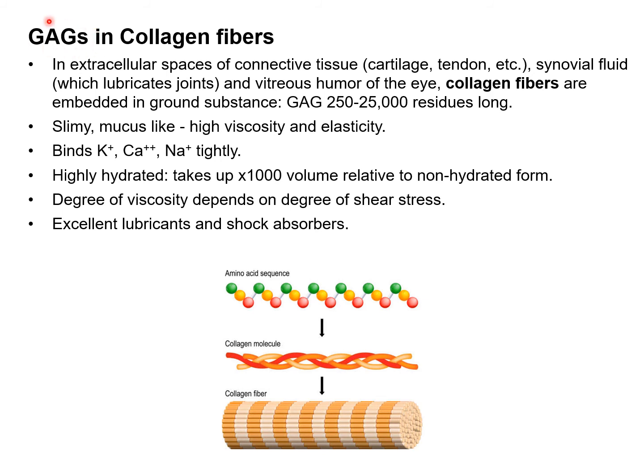Again, it works as a polar substance, and so it takes up to 1,000 times the volume relative to the non-hydrated form of glycosaminoglycan. And the degree of viscosity depends on the degree of shear stress. And it can work as an excellent lubricant and shock absorber because of this high volume as well as the elasticity and the viscosity.